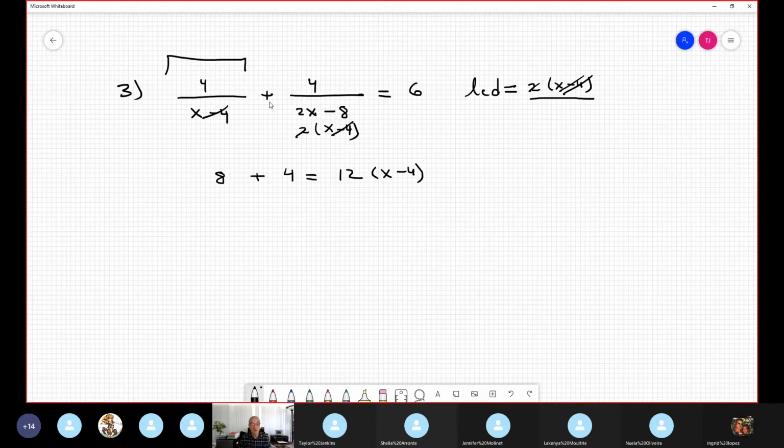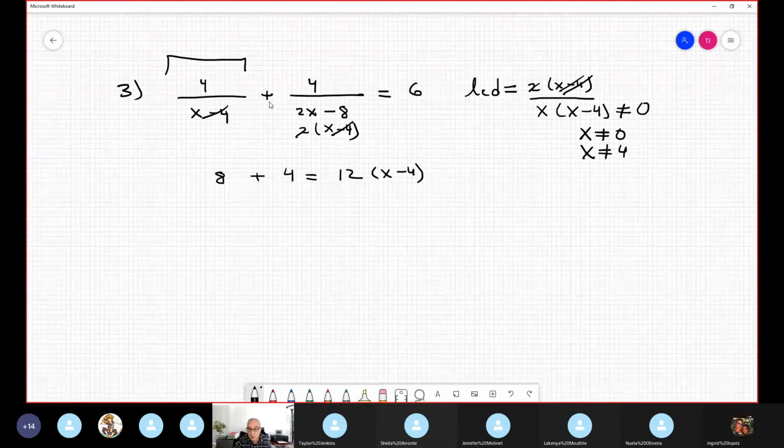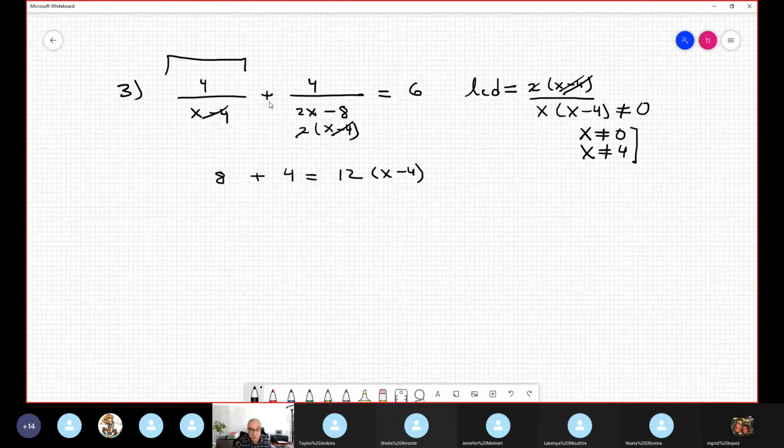This is my new equation, which is equivalent to the original except for the restriction. The restriction is that the least common denominator expression cannot be 0, so x is not 4. It's the 0 of the least common denominator. Any solution equal to 4 is not good. This is 12, this is 12, coincidence. Divide both sides by 12.